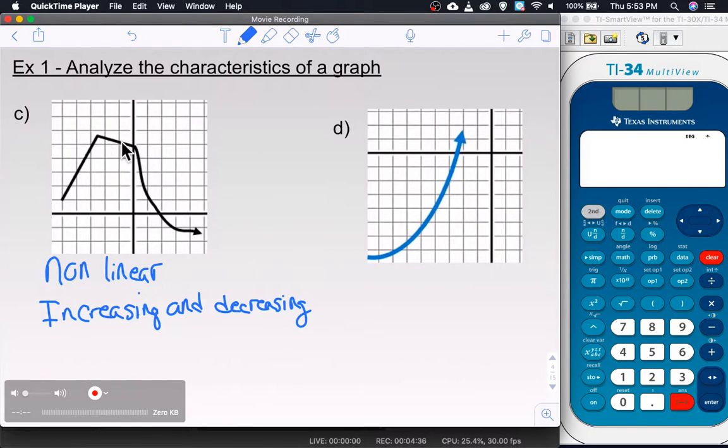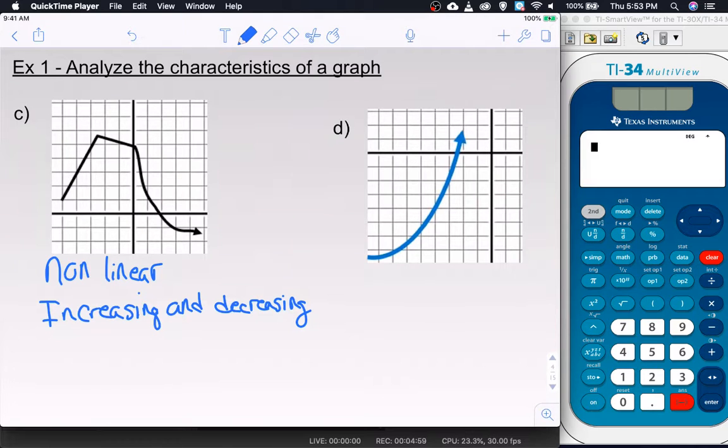This is decreasing at a constant rate. We'll call that linear as well. And we're also now decreasing slower and slower over time. We're going to get to a problem soon where we're going to be describing it, breaking it down into individual sections. But for now, the whole thing, we'd say this whole thing is nonlinear, and it's both increasing and decreasing.